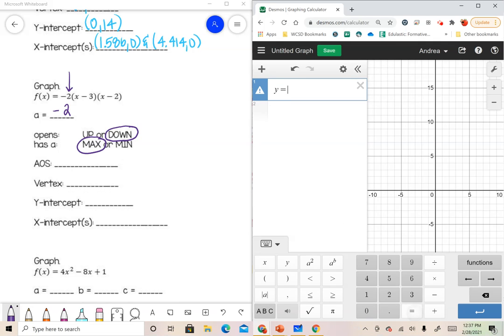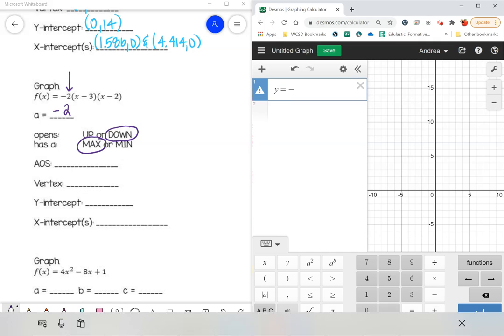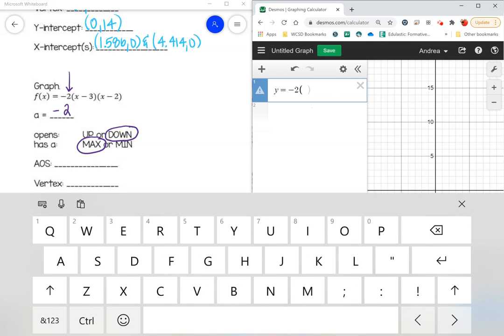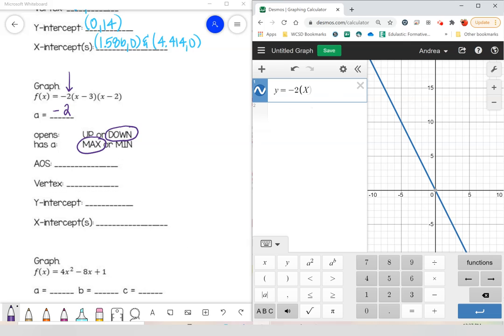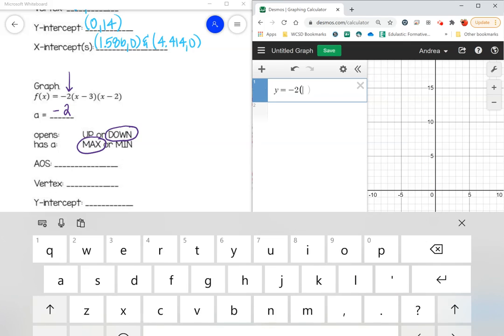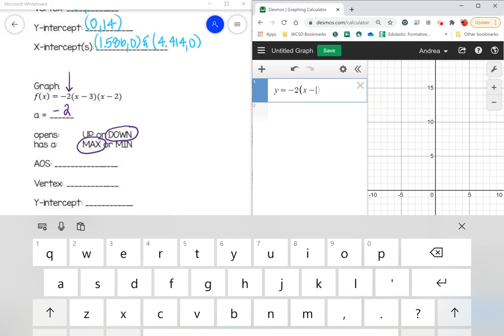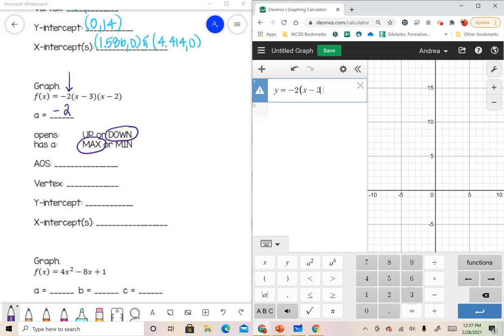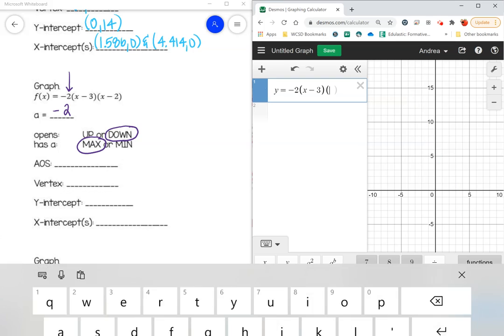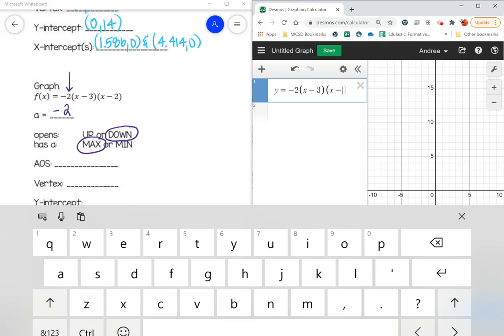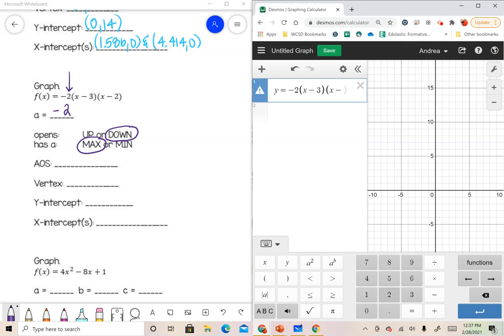y equals -2 parentheses x minus 3, close it, open a new one, x minus 2, close it.